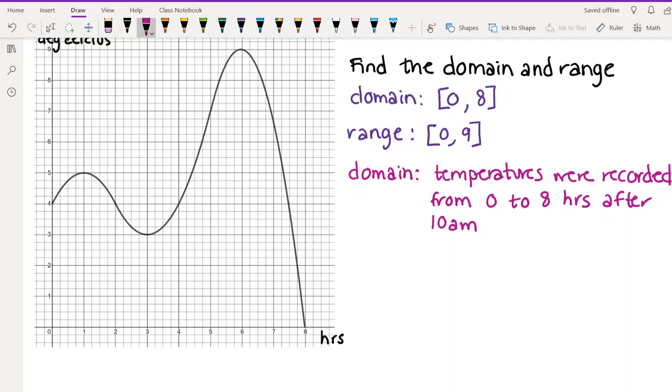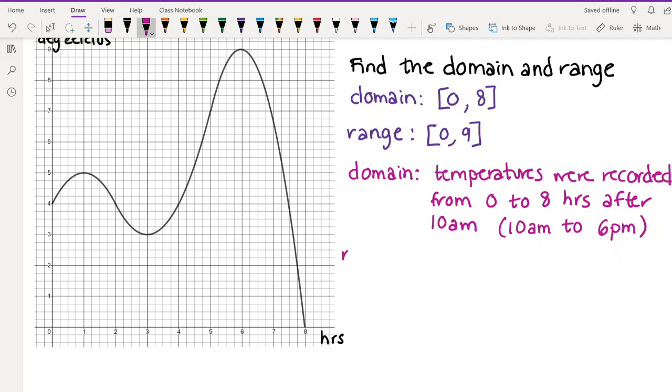So what time would that give us? The starting point would be 10 a.m. and the finishing point would be 8 hours after 10 a.m., and so that's 6 p.m. So in this case, the domain is telling us the times that are being considered here.